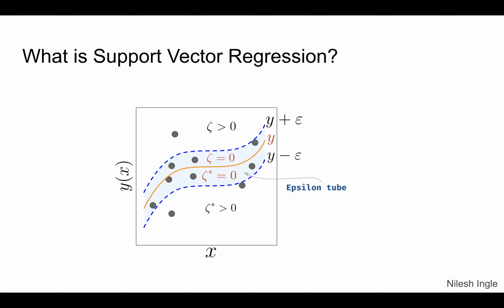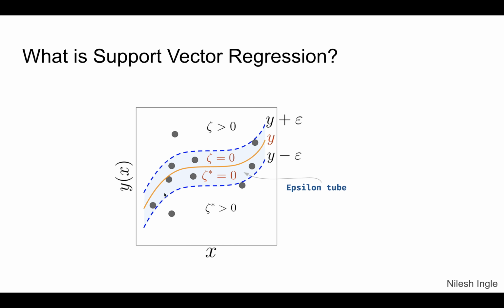And while so far we have talked about support vector classifiers, now let's talk about support vector regression on this slide. So we have talked about this briefly in the previous videos. The idea is that we are looking at an epsilon tube, which is shown here in the blue shaded region.